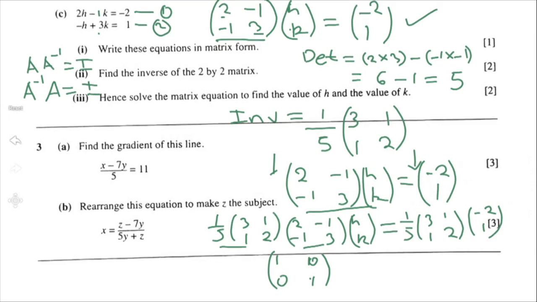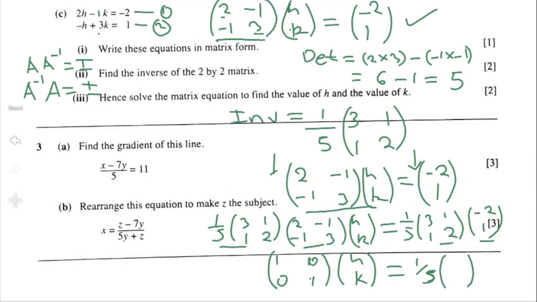Multiply this by hk, and that is equal to, on the right hand side, we can do the multiplication, followed by multiplying out by that scalar 1 over 5.